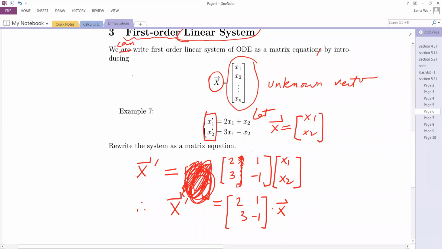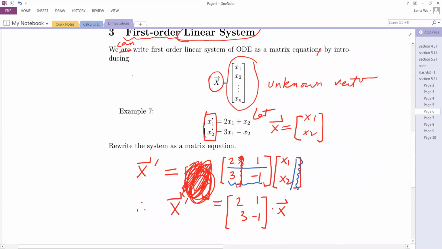Because if you do multiplication, let me change to another color. If I do the multiplication, then you are supposed to be doing first row times first column. Then you have 2x1 plus x2, right? 2x1 plus x2. Make sense? Same thing for the second row, you do second row times this column.